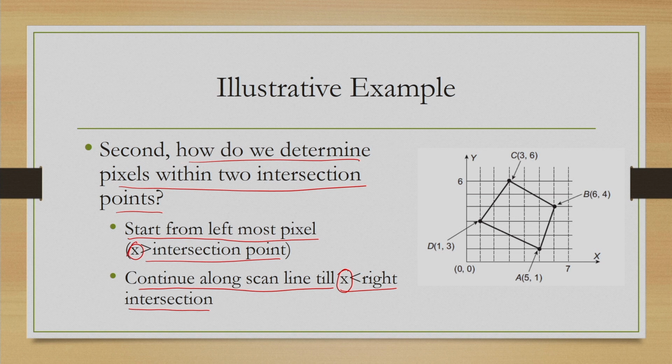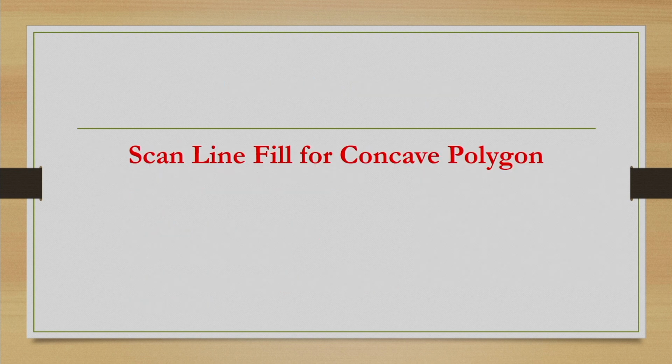So, both are simple, but the second point, that is how to determine pixels within two intersection points, is not as simple as it appears. And why is that so? If we assume we have a concave polygon, then there is a problem.